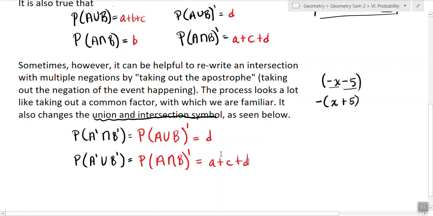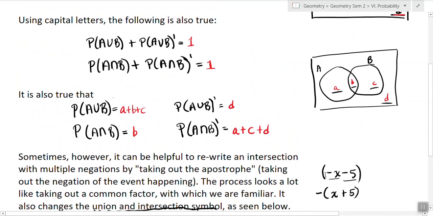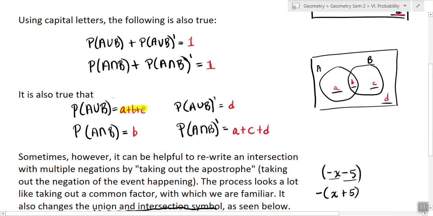One thing that I failed to mention, and I think is kind of helpful, is that when you go back up here and you look at A union B with A union B prime, they add up to 1. But A plus B plus C plus D, you have all 4 letters.